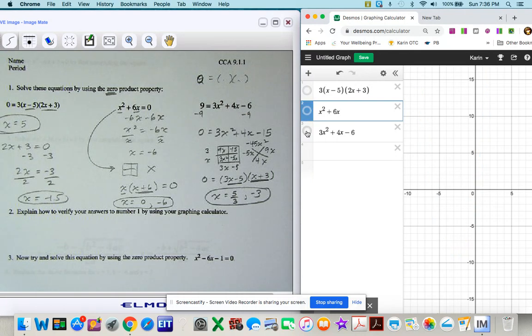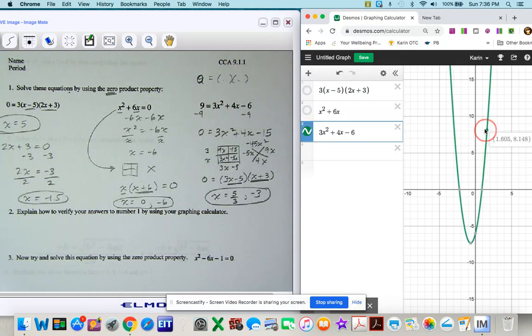And then let me turn on the last one. So 3x squared minus 4x plus minus 6, when does that equal 9? Now it's a little harder. I could go ahead and just start tracing up here. Ooh, I'm having a little trouble getting exactly onto 9. If I trace back this way, I should be able to get a 9 also.